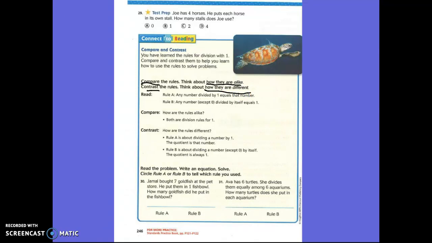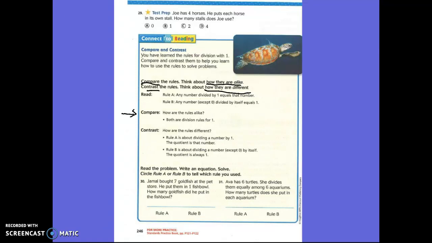So here's rule A. Any number divided by 1 equals that number. Rule B, any number except 0 divided by itself equals 1. How are they alike? Those two rules, how are they alike? The paper already helps you figure that out. They are alike because they are both division rules for 1.